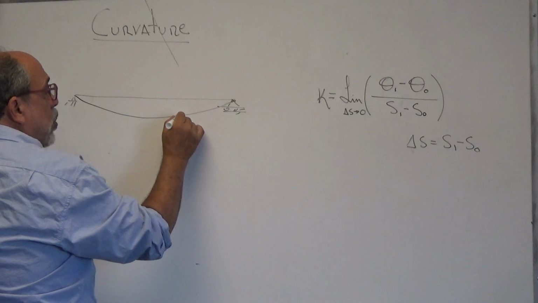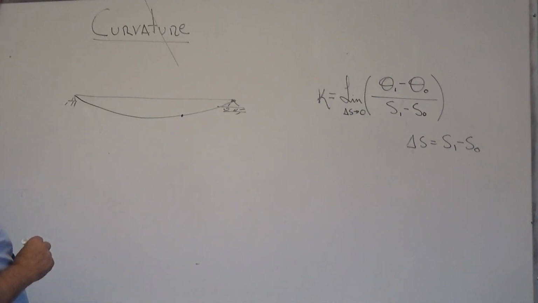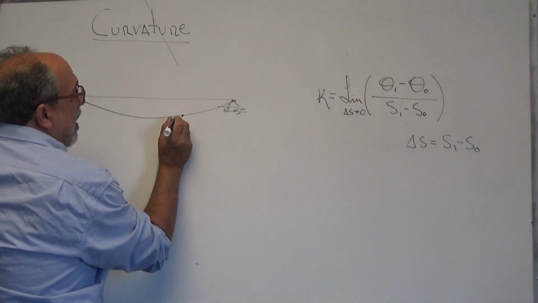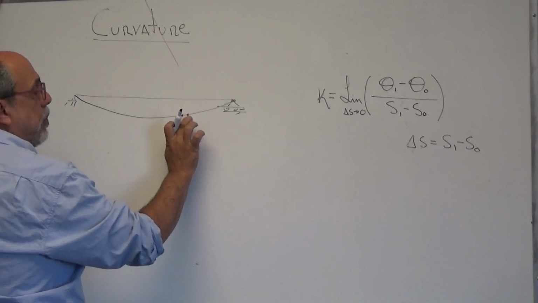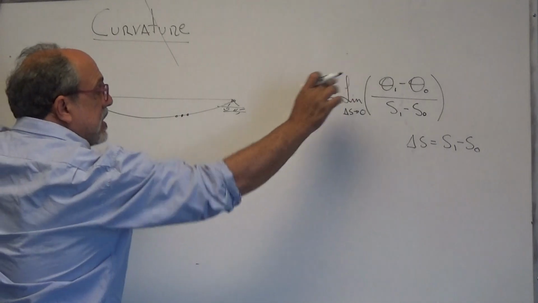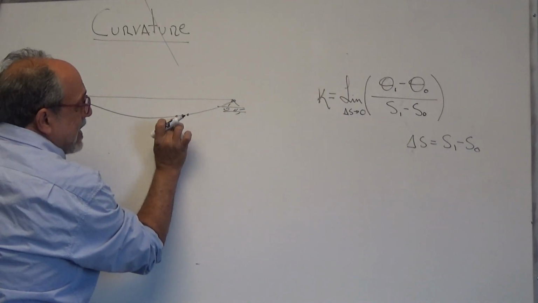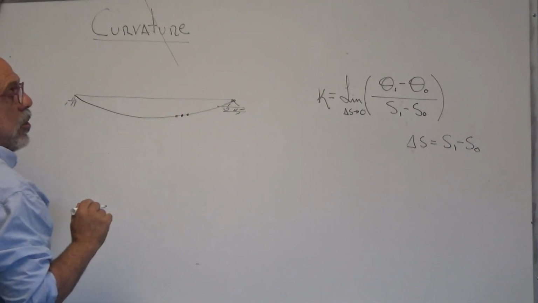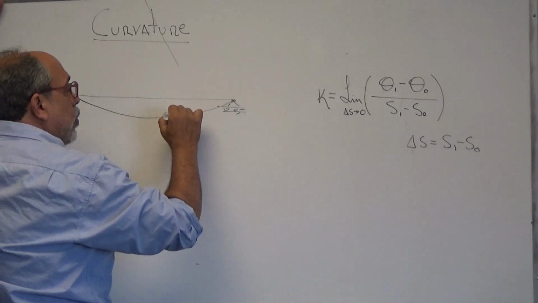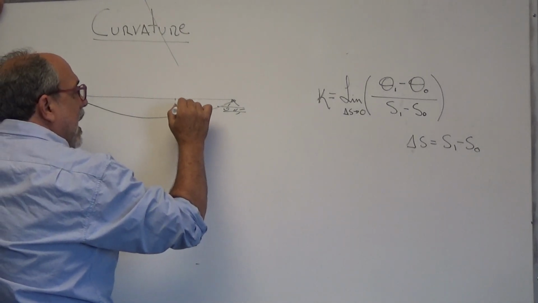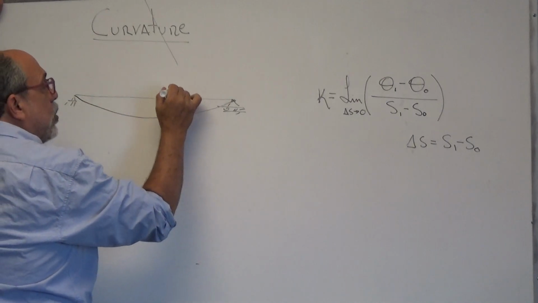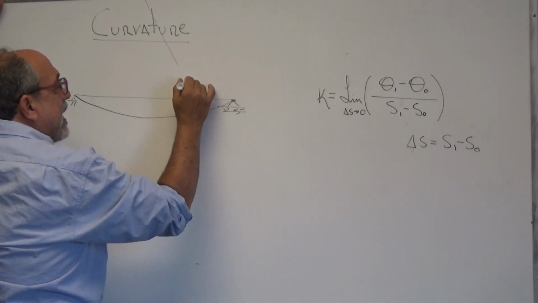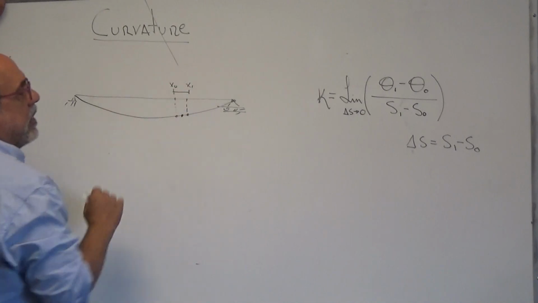But if I want to know the curvature here, I would have to divide the change in the angle between 2 points, theta 1 minus theta 0, by the distance S1 minus S0. In practice, we simplify that and we use x1 minus x0.